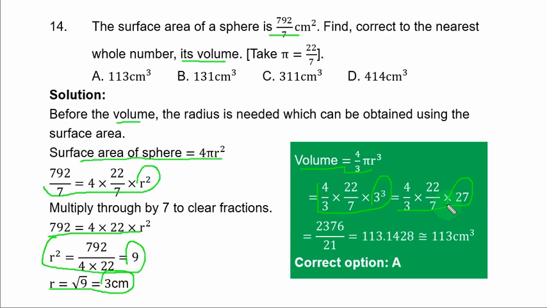If you simplify, you have 2376 over 21. We just multiply directly. When you divide, you have 113.1428. To the nearest whole number, the volume is 113 cubic centimeters. A is the correct option.